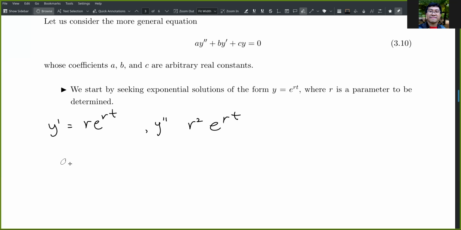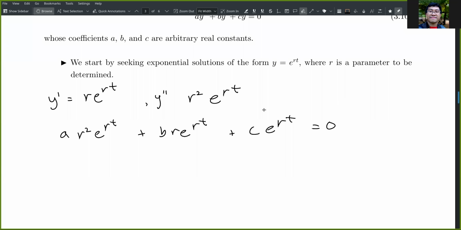You have a r squared e^(rt) plus b r e^(rt) plus c e^(rt) equals 0. Factoring out e^(rt), you have (a r squared plus b r plus c) times e^(rt) equals 0.